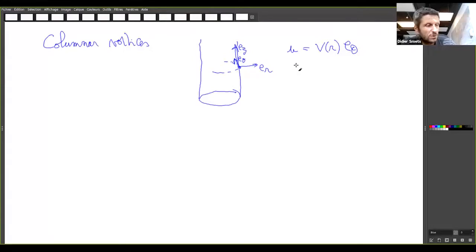The pressure P is also a function of r, and there's a balance between the pressure and the velocity, so that the centrifugal force is balanced by the speed of rotation. So what does it have to do with the stratified fluids that I wrote before?